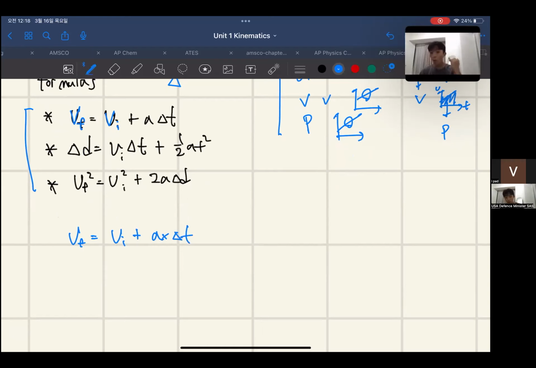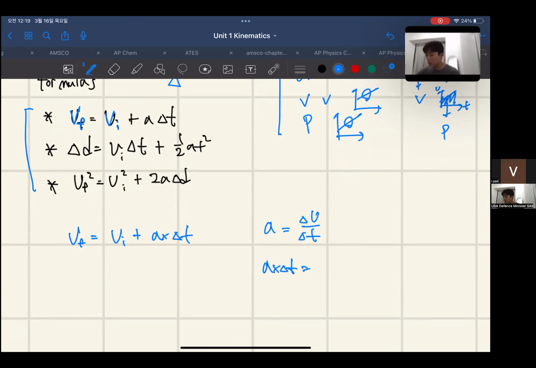Now, why does this work? Well, if we think about it, it's very obvious. Again, what was the definition of acceleration? The definition of acceleration was the object's ability to change its velocity, and its equation was A equals delta V over T, or delta T also works. Now, what would A times delta T be?